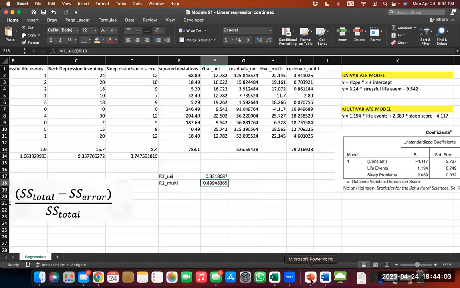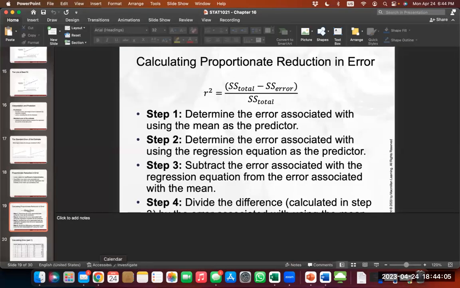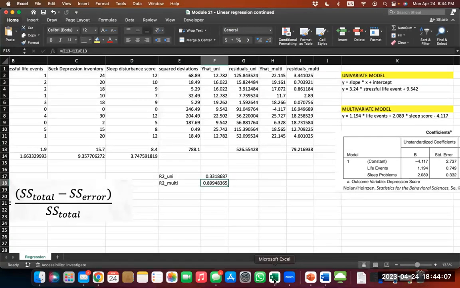In this context, I also want to remind you that the inclusion of additional variables will always increase the R squared. It not just almost has to, it always has to, because it's additional predictive power brought into the equation.